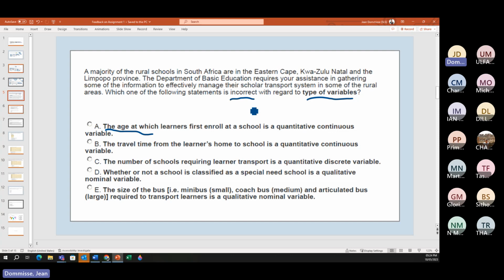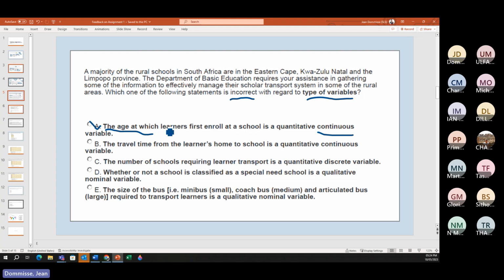What would you have said if this was the age at which learners first enroll at school is a quantitative continuous variable? Okay, so it is true. And let's see why it is continuous.